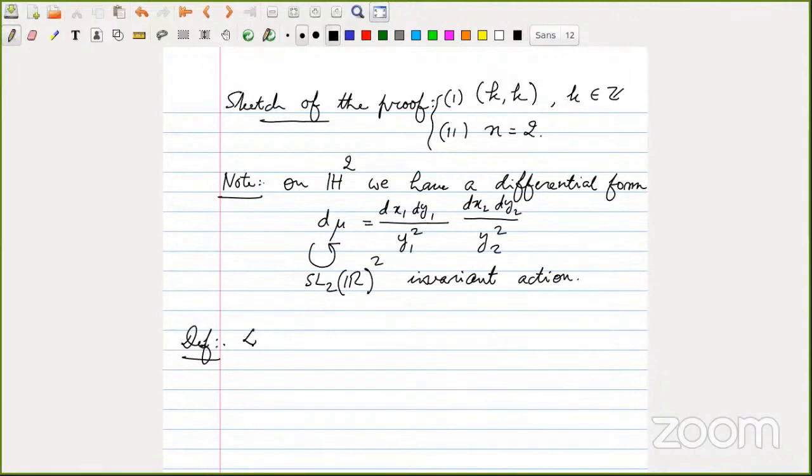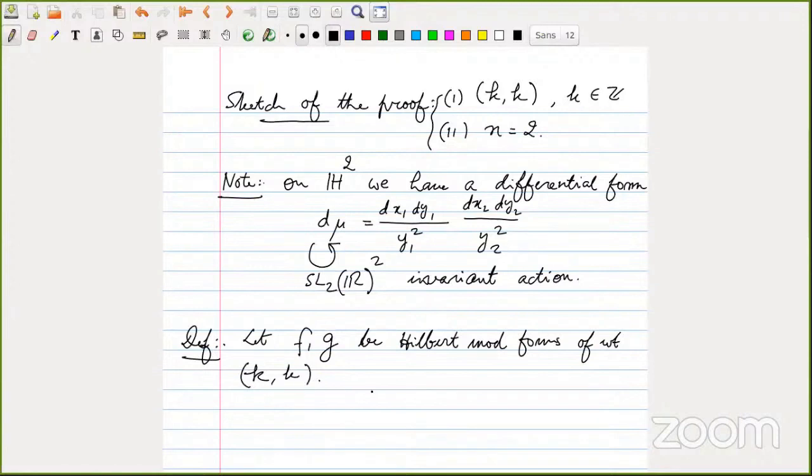I take f and g, Hilbert modular forms of weight k, comma k.